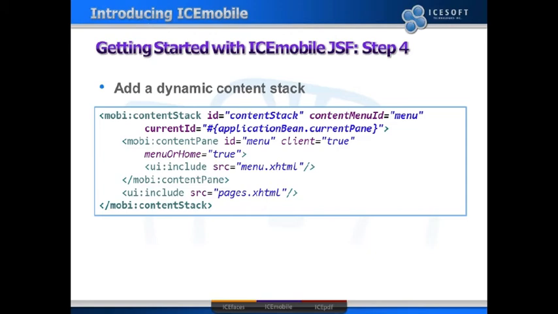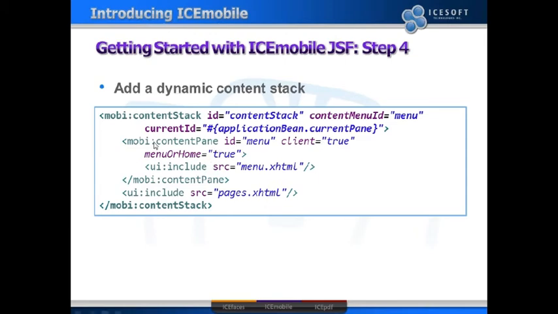In order to dynamically switch out content, we have a component called Mobi Content Stack, and you can define several content panes that are included in the content stack and programmatically switch content and switch panes. So here in this particular code sample, I have a content stack, and I'm binding the content stack's current ID to a bean property called current pane. That's going to allow me to control what the current user view pane is.